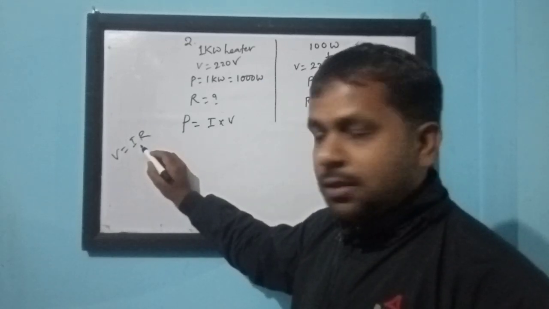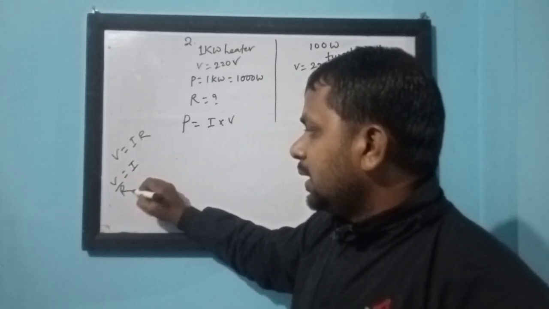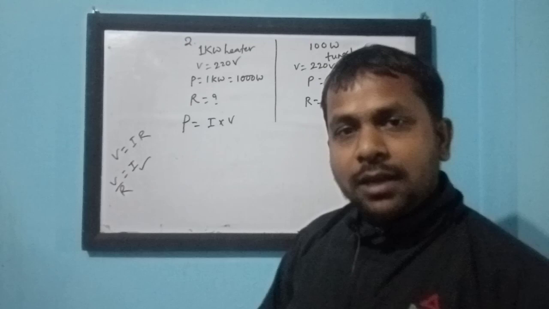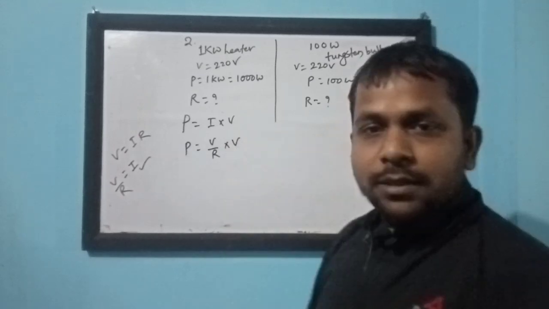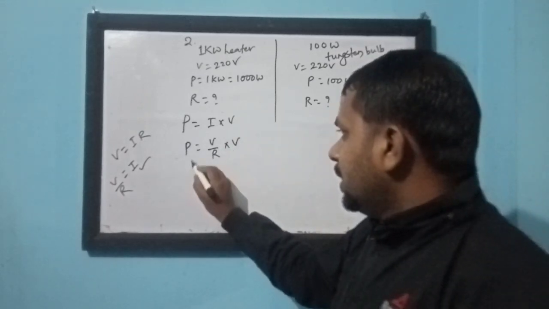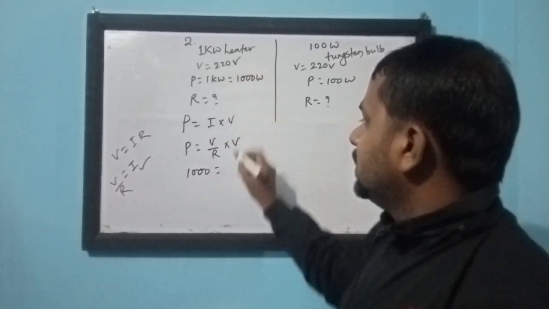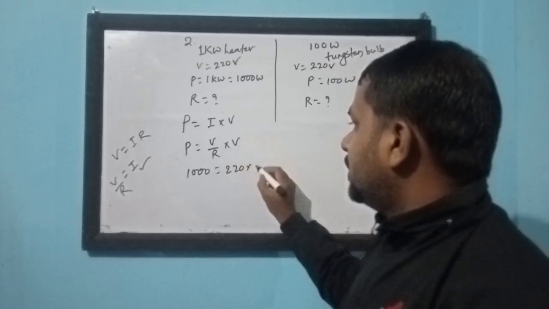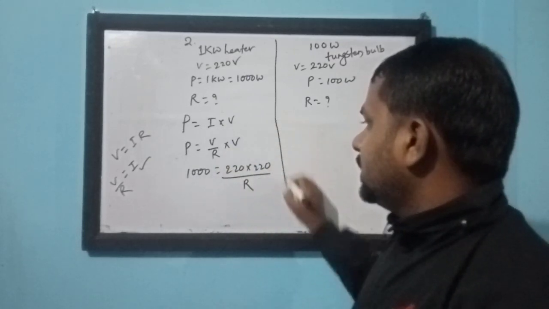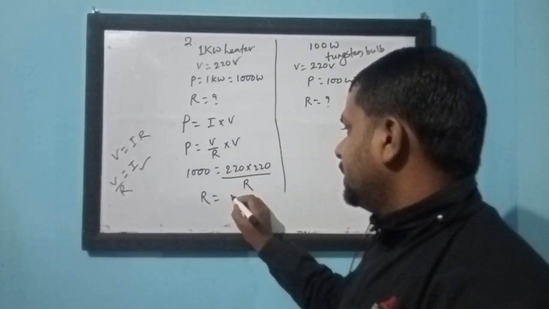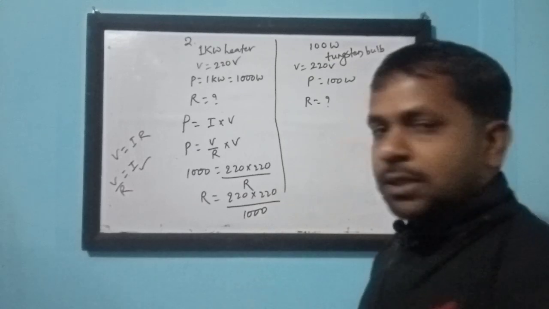Then the value of I will be V by R. In place of I, we can write V by R. So P is equal to V by R into V. P is given here as 1000, V is given as 220, again V up here 220, divided by R. And this R value will be 220 into 220 divided by 1000.